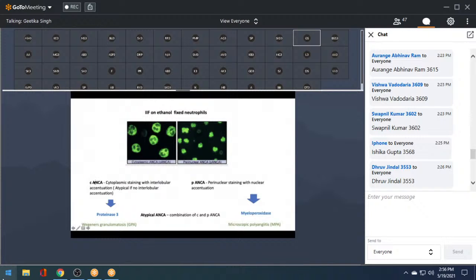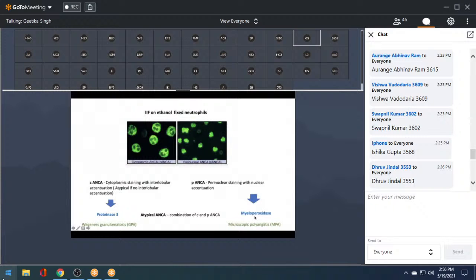Now, this cytoplasmic ANCA is directed against proteinase 3. That's the major neutrophilic cytoplasmic antigen against which it is detected. That's the proteinase 3. The P-ANCA is directed against myeloperoxidase. Okay, so this is important for you to remember. You need to remember the main antigen against which this ANCA is directed. And in terms of clinical conditions, the C-ANCA most strongly correlates with this condition, which is called Wegener's granulomatosis or granulomatosis with polyangiitis, which is a new terminology, GPA.